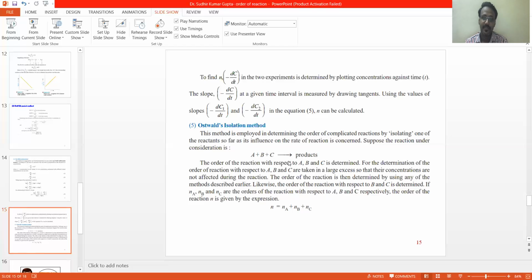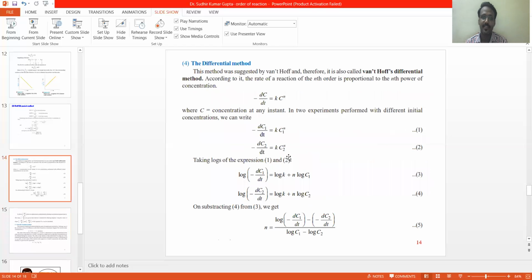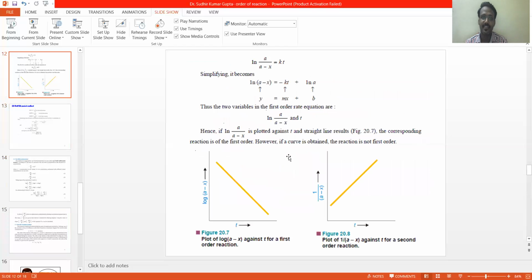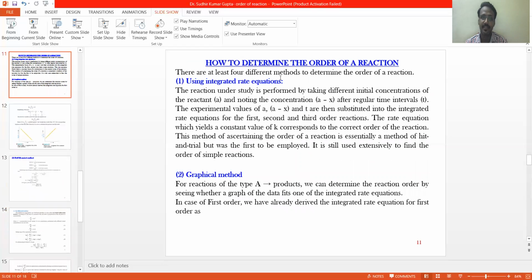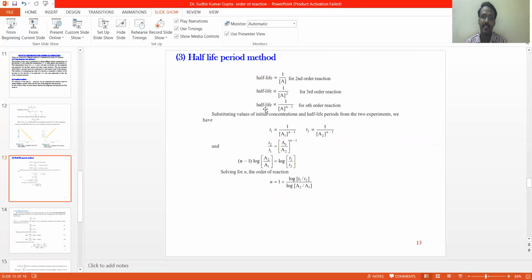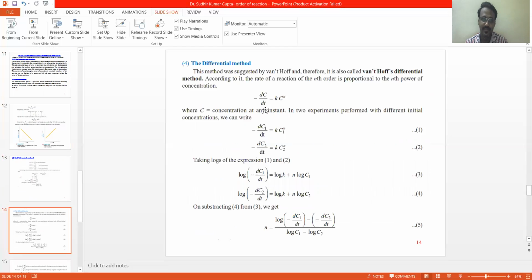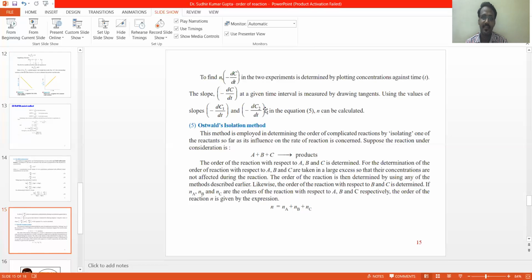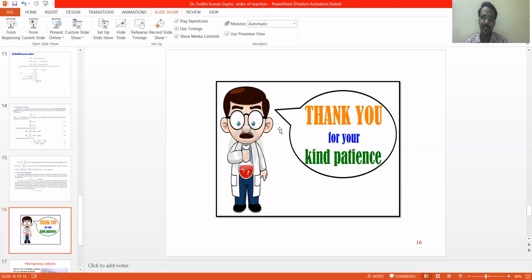So today we have discussed five methods for the determination of order of reaction. The first one is the integrated rate equation method, then the graphical method, then the half-life period method, the differential method or Van't Hoff method, followed by the Ostwald isolation method. In the next class, we will discuss potential energy surfaces. So with this, we stop here.